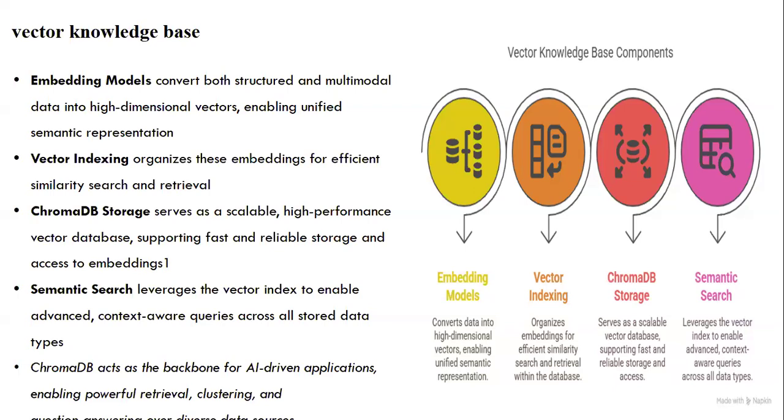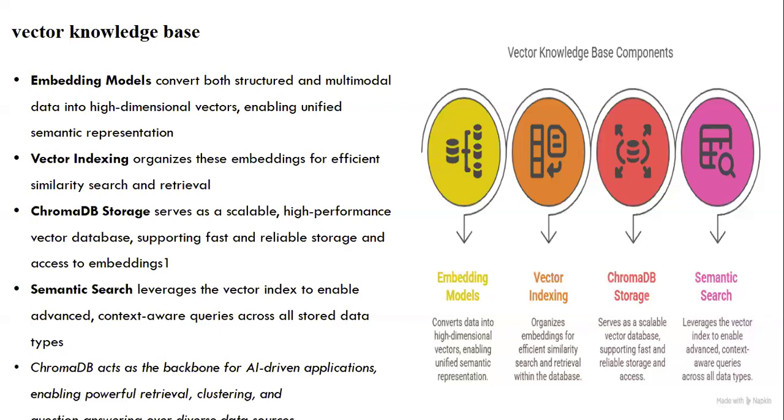After storing the embedded data in the vector database, with the help of an algorithm like cosine similarity, this indexing enables fast, accurate retrieval of information, which is crucial for semantic search and recommendation.